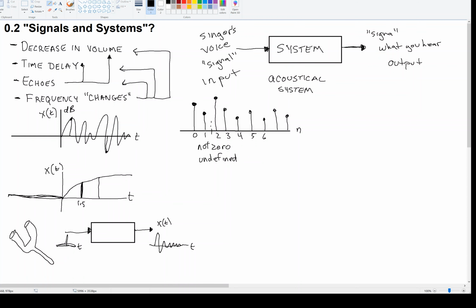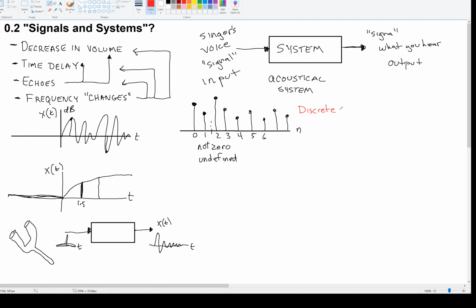Okay, so there is a difference between these two signals, and this type of signal here is called a discrete signal, and almost always our independent variable is going to be time in our course.